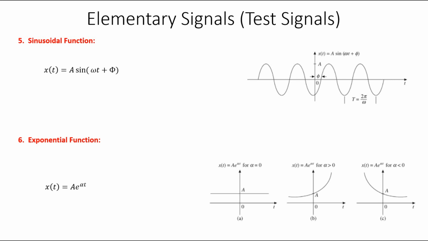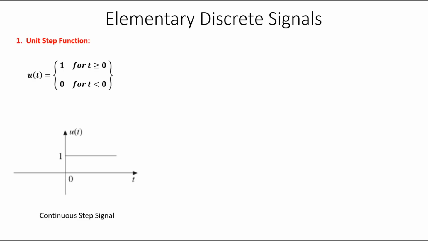So we have defined these signals in continuous form, x of t, with t as the variable. Now we can discuss the elementary discrete signals. Firstly, the unit step function. For continuous we have defined it like this. In the continuous case the value is defined at every instant.